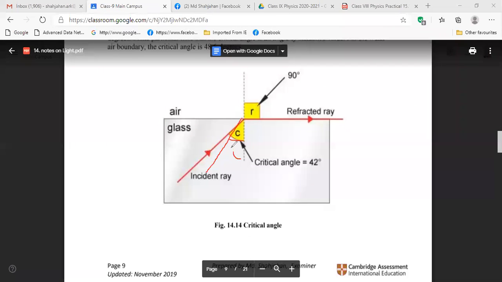Then it's bending away from the normal. For example, it is your r. Okay? Do you agree with this? i is smaller than r here. So if we make this angle a little bit bigger, for example, we are starting from here.